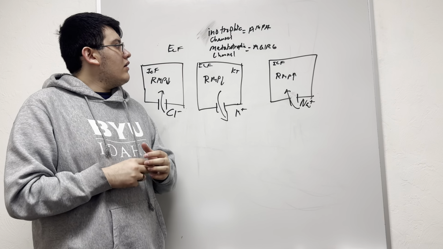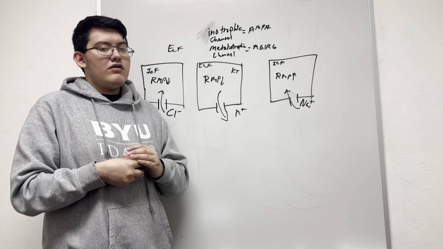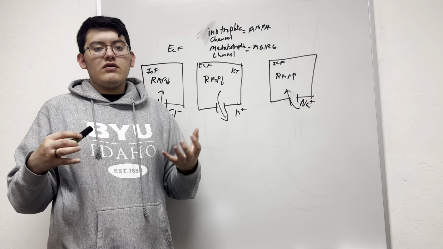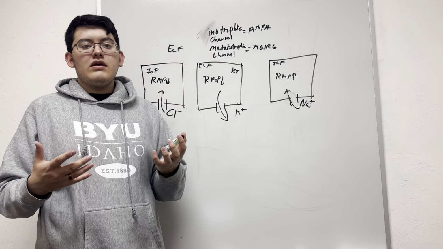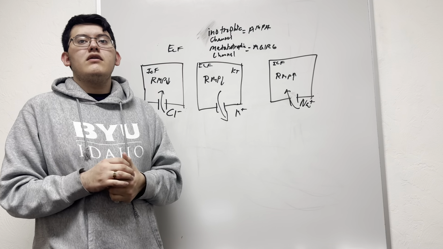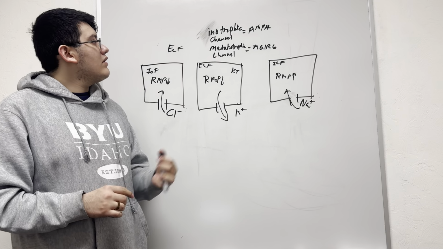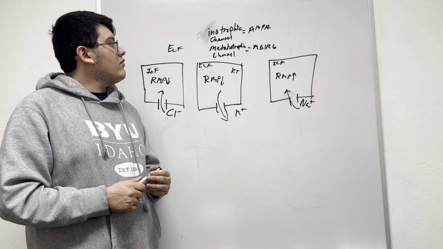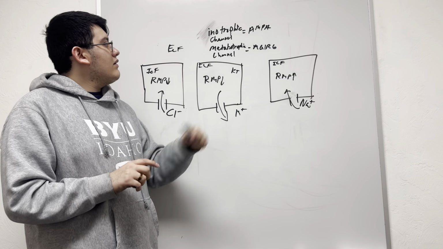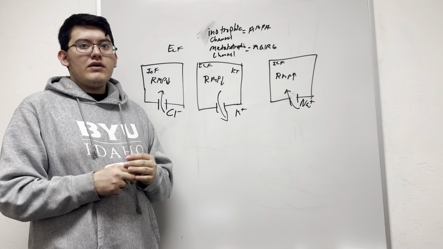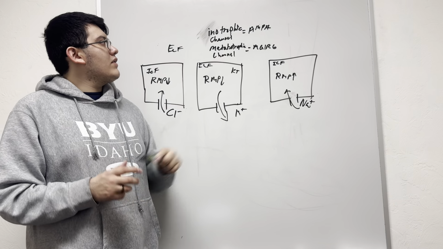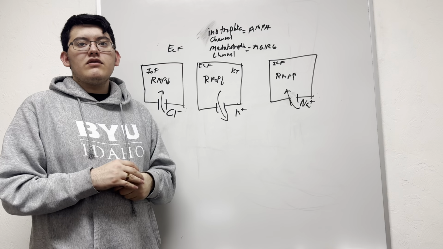So mGluR6 decreases the activity, which decreases the glutamate that is released, and that causes us to see dark instead of light. And so these are the two main differences between these. Metabotropics, I guess you can say, would hyperpolarize the cell, while ionotropics would depolarize the cell.